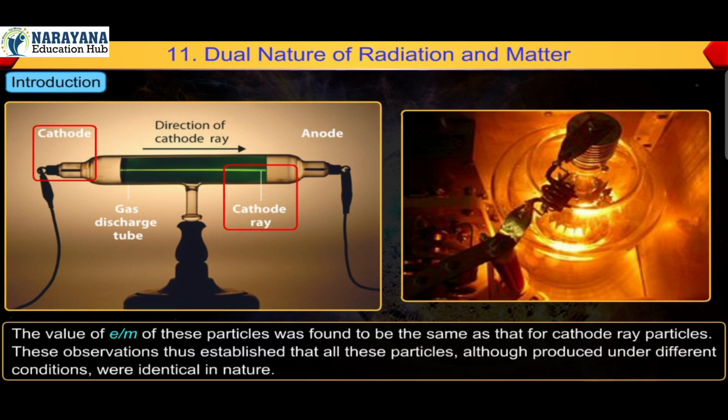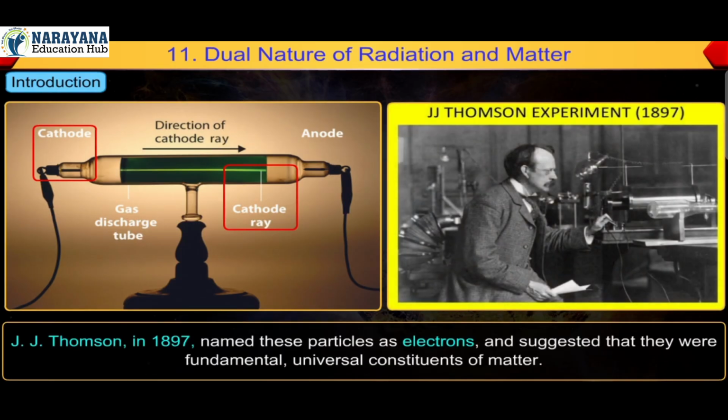These observations thus established that all these particles, although produced under different conditions, were identical in nature. J.J. Thomson in 1897 named these particles as electrons and suggested that they were fundamental, universal constituents of matter.